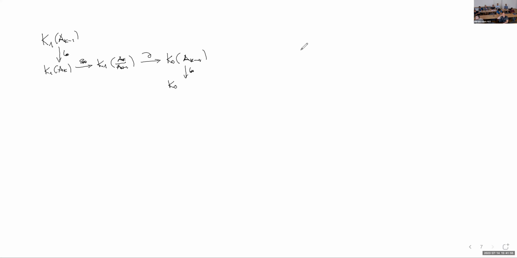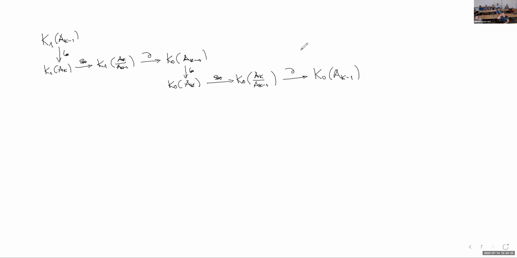K0 of A K, quotient, O star, K0 of A K over A K minus 1, boundary map to K0 of A K minus 1.